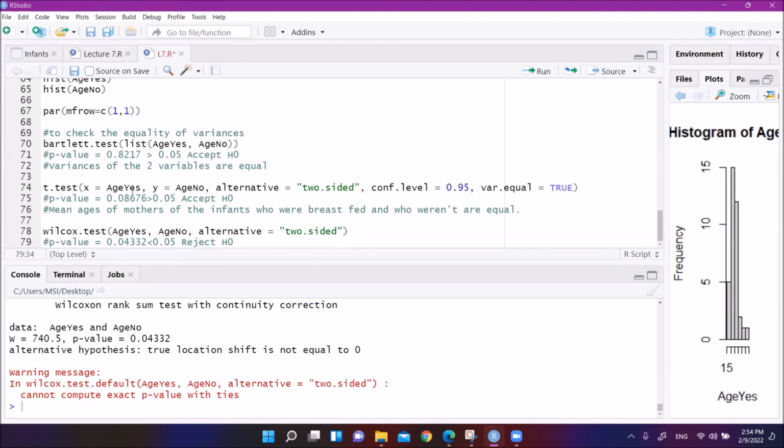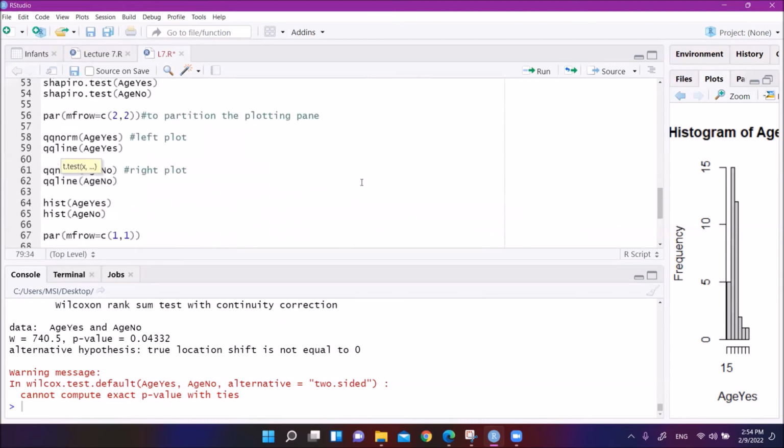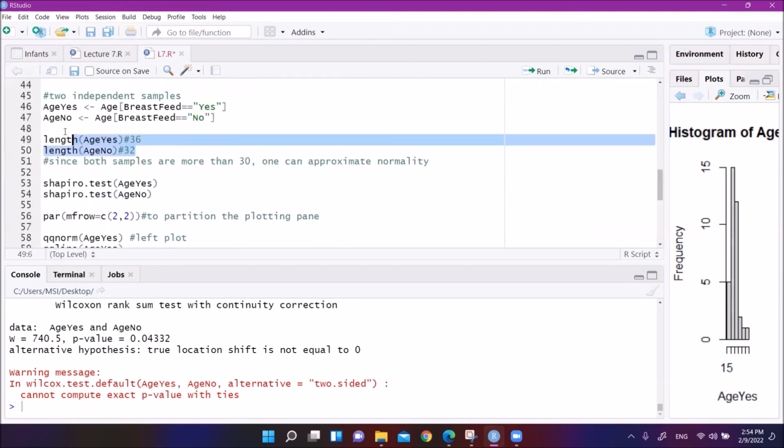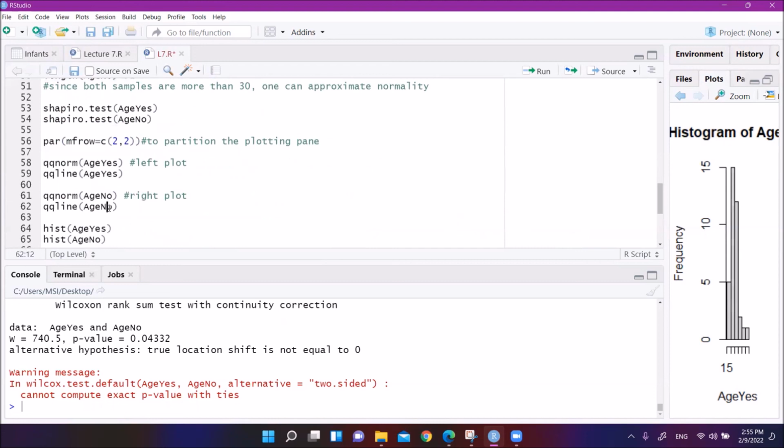Why? Why did this happen? We did the parametric test by assuming the sample sizes are large. I told you it's greater than 30, so we assume normality. But that assumption is not really right, because in the Shapiro test, it said it was not normal. Even by the QQ plot, we saw that it's not going in line with the quantile line.